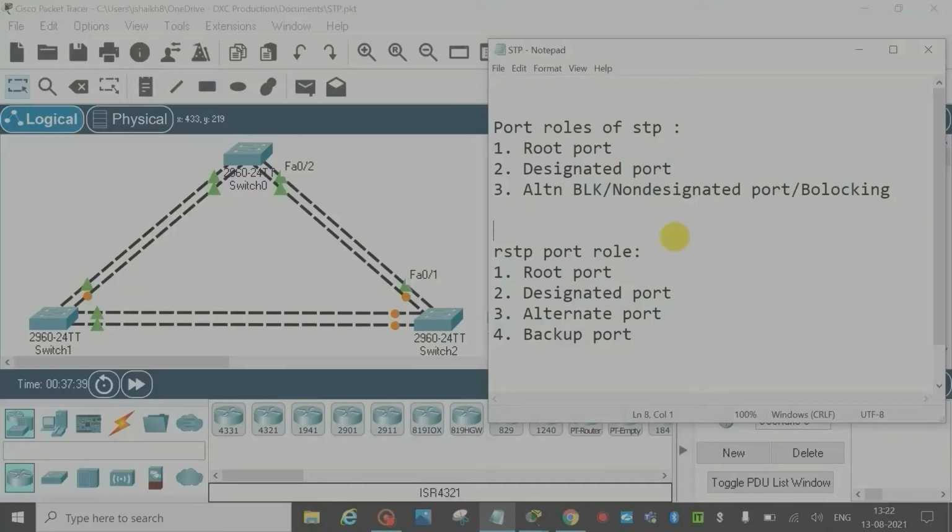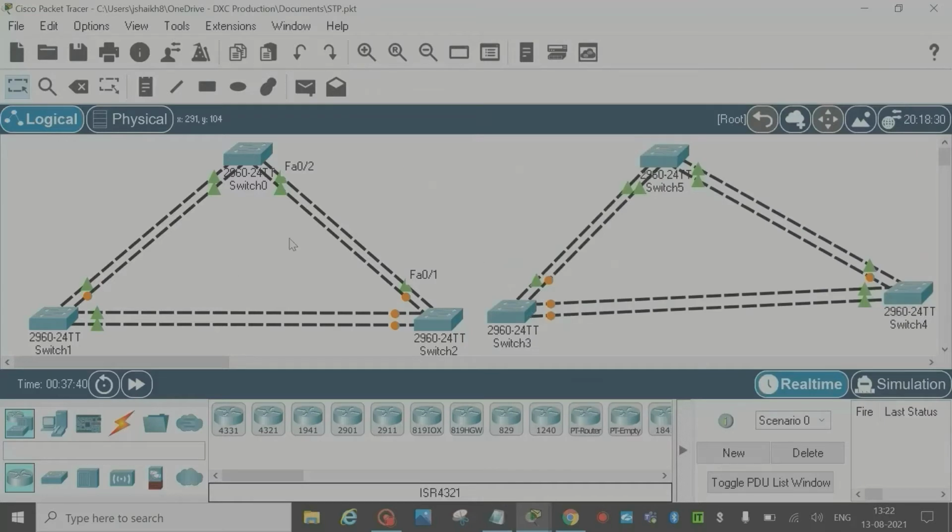Designated port. All ports on the root switch are designated forwarding ports. For other network segments, the port having the lowest cost to reach the root bridge is the designated port.